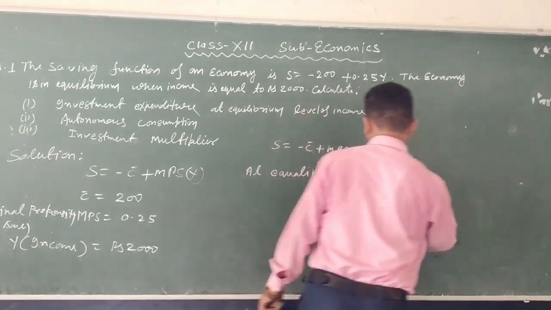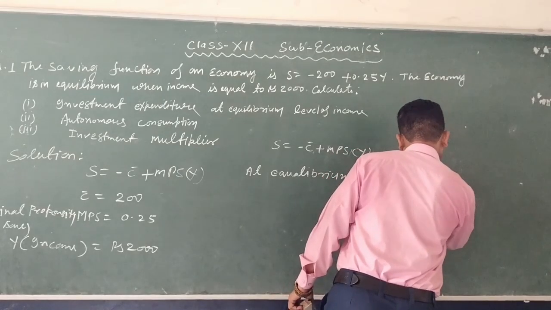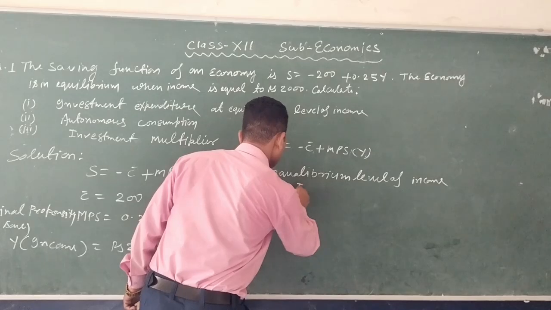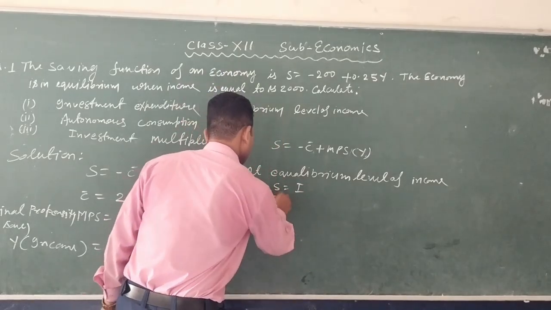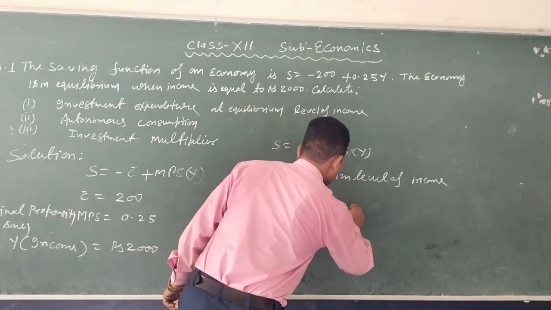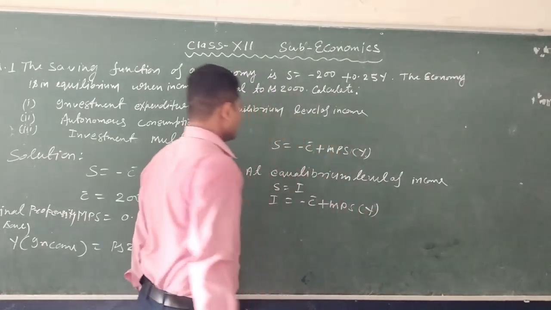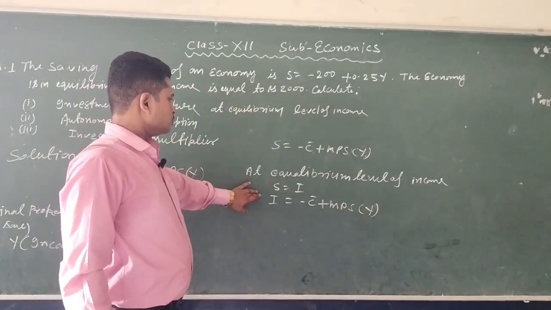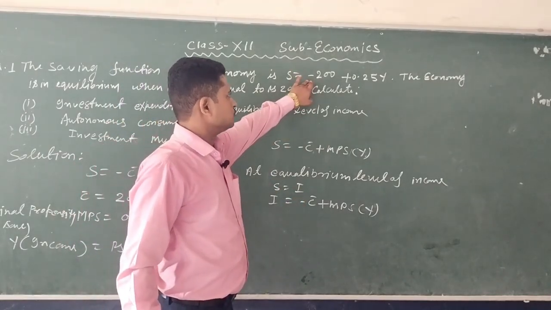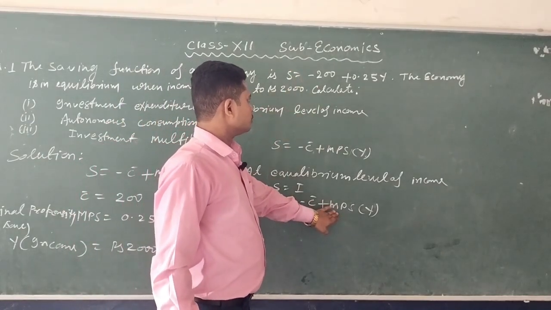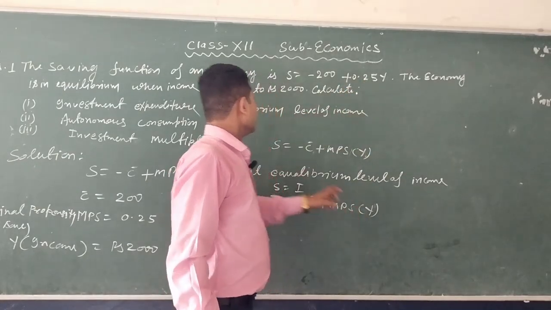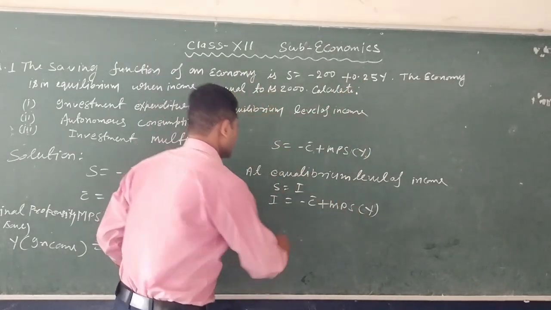So here investment equals minus C bar plus MPS Y. Autonomous consumption is minus 200, marginal propensity to save is 0.25, and income is 2000.